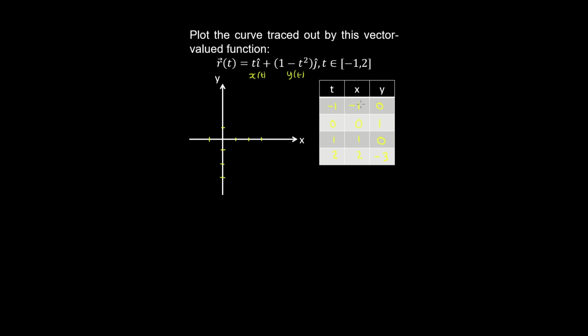And now we can draw vectors from the origin to these points. So the first point is at minus 1, 0, then 0, 1, then 1, 0, and 2, minus 3. So basically our curve is going to look something like this.